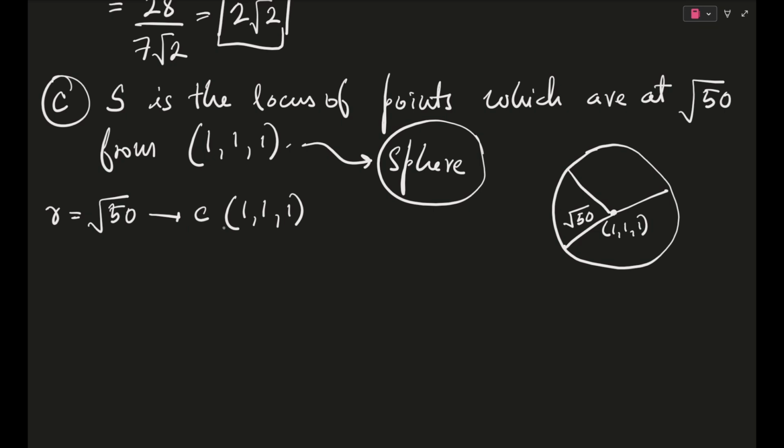So if we want to find out the distance of this point C from the plane P, and what was our plane P? Plane P was 5x plus 8y plus 3z is equal to 30.